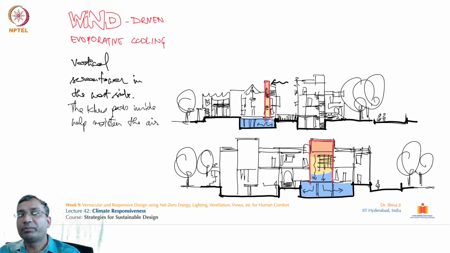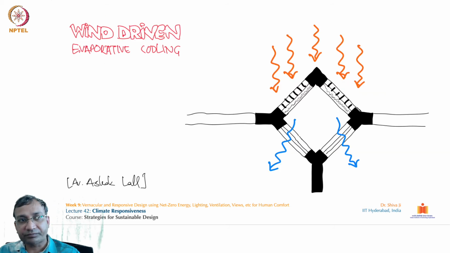So we utilize the prevailing wind directions in hot dry seasons. These vertical screen towers, these wind tunnels, work as evaporating units. Sometimes they also use cuss linings to create a beautiful fragrance of this water, of this air inside these premises.